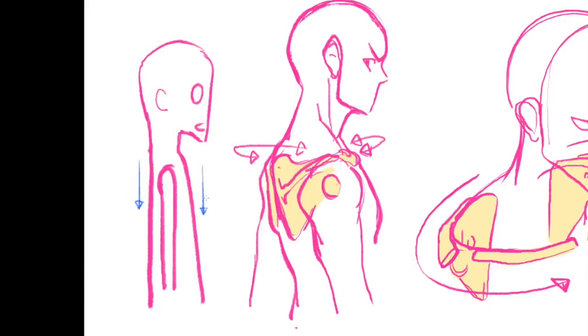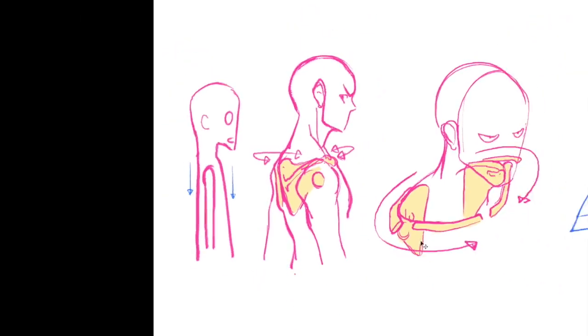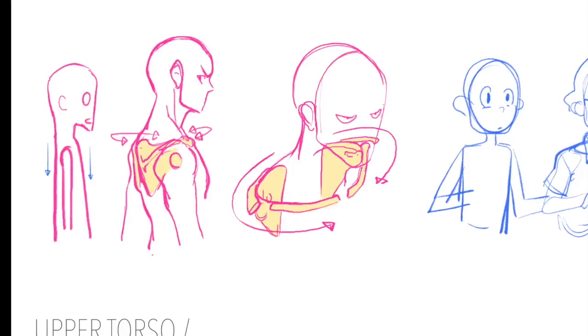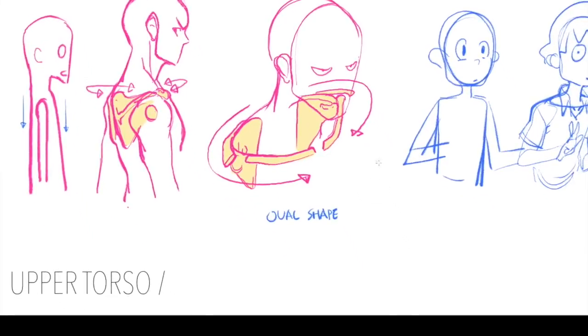They draw a torso very flat, but if you think about how the collarbone and shoulder blade are surrounding the ribs, it's actually creating a very oval shape. You can see it's going around.